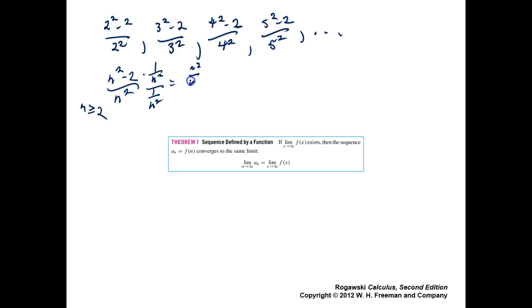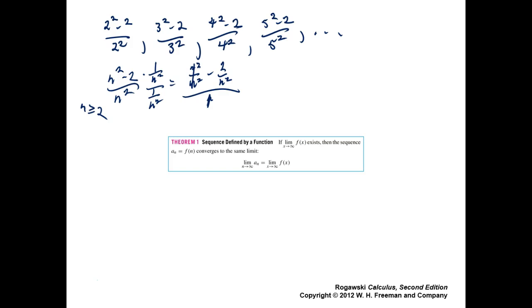N squared over n squared minus 2 over n squared over 1. Okay, so this is 1 and that's 1. And guess what? As n is going to infinity, 2 over n squared is certainly going to 0 pretty quickly. So that's going to be 1. Okay? To me, that's the easiest way to do it.